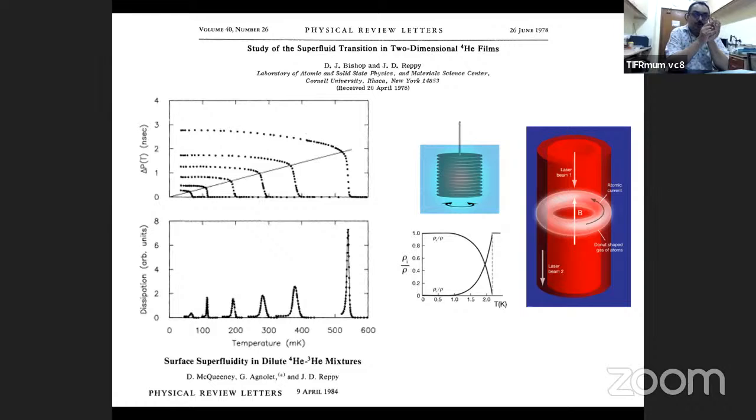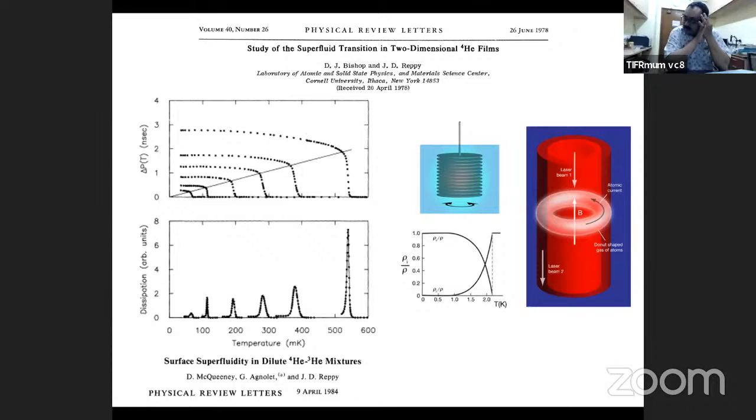But below 2.1 Kelvin, or I think 2.2 Kelvin, liquid helium undergoes another phase transition, which is called the lambda transition. Below 2.2 Kelvin, that's the equivalent of a Bose-Einstein condensation.